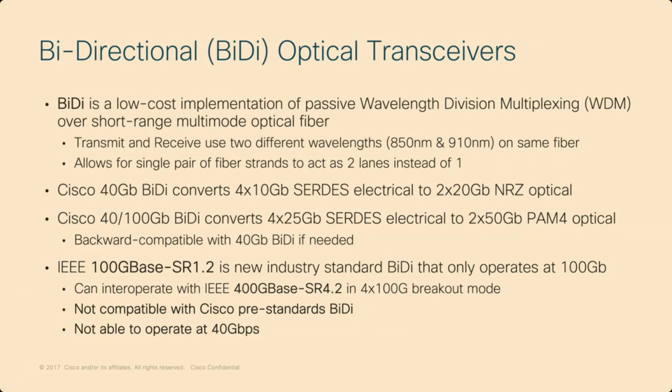So the IEEE standard for BiDi is 100G base SR1.2. And note that that starts at 100G, which means that it's 100 gig and not less. So there is no interoperability with the Cisco 40/100 gig BiDi and the new IEEE 100 gig SR1.2 BiDi transceivers.